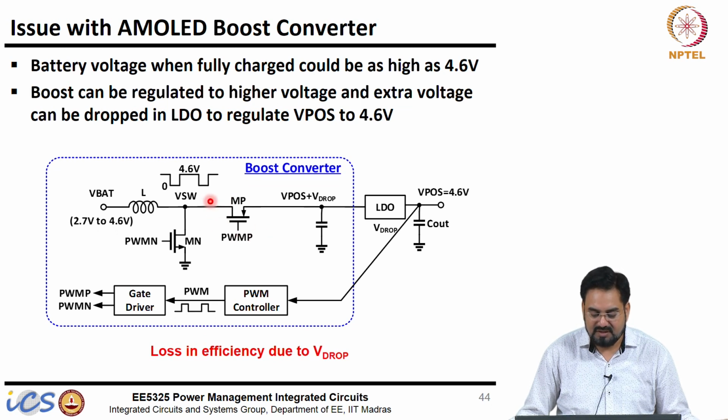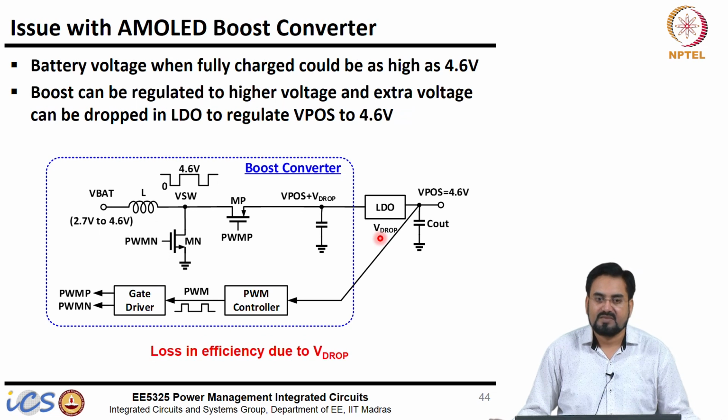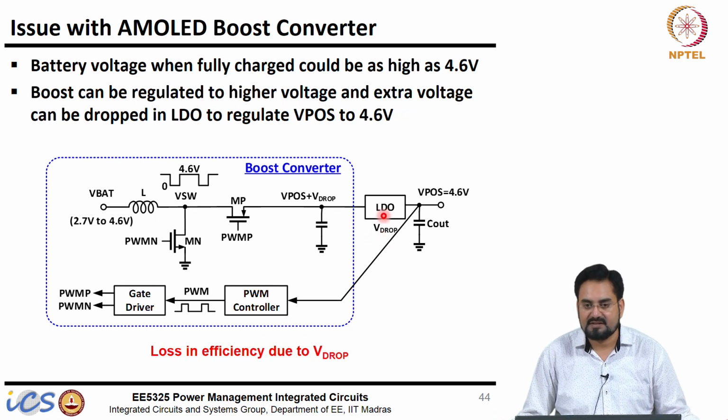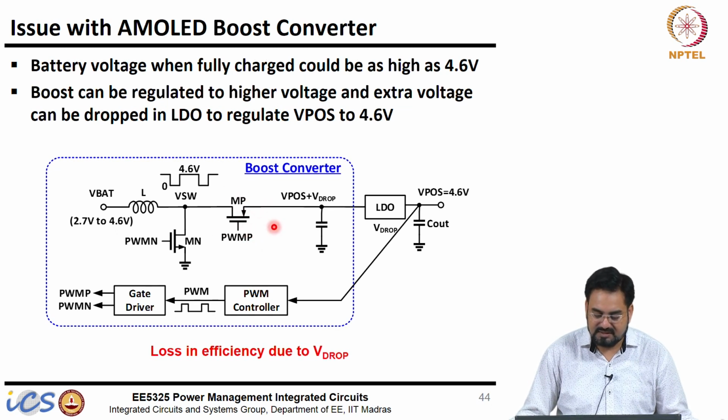So you are dropping the voltage across that diode, and you get similar functionality to what you achieve with this LDO. Without adding this LDO, you can still regulate the output by entering non-synchronous mode and conducting the current through the body diode of this MOSFET.